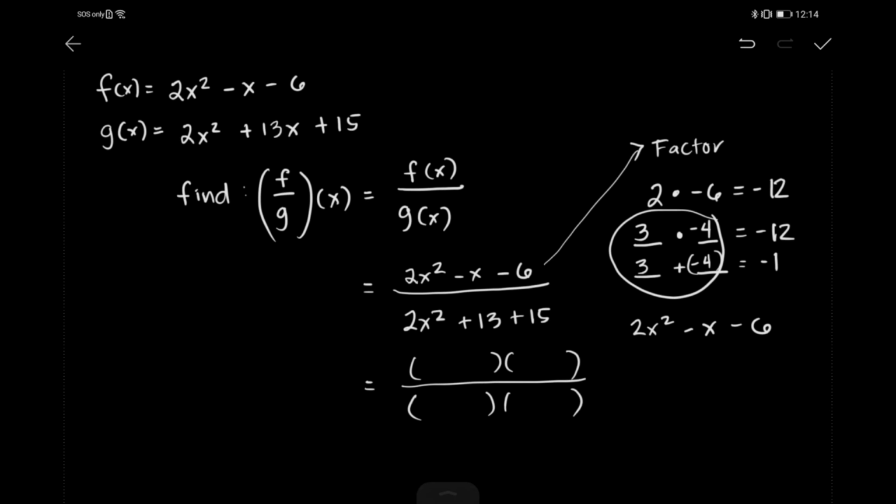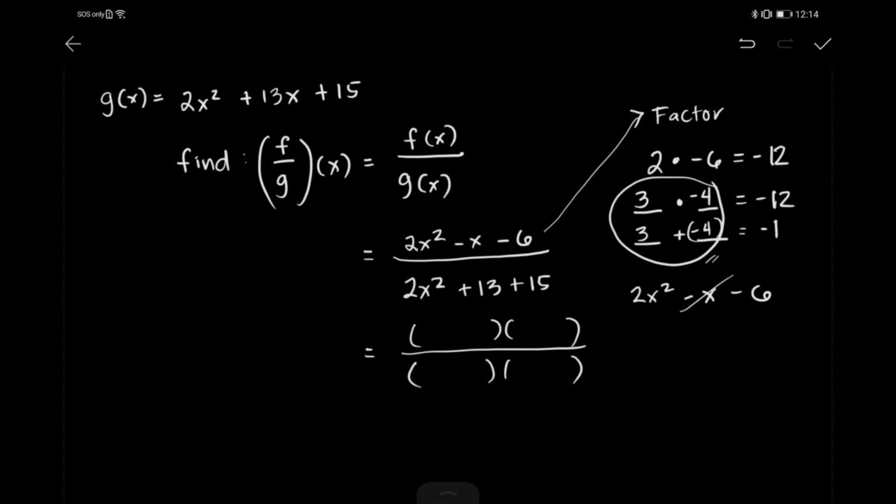Then this time, cross out the middle part, which is the negative x, and put the numbers that we got here. I have to write the negative 4 first so that I can factor it here. So negative 4 with the x variable, and then the positive 3 with the x variable.